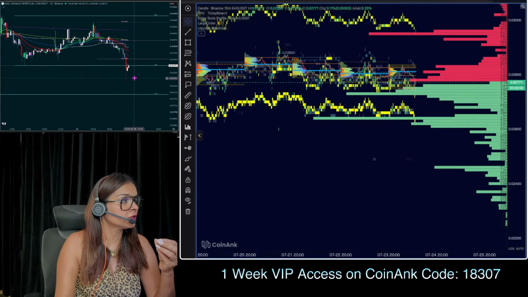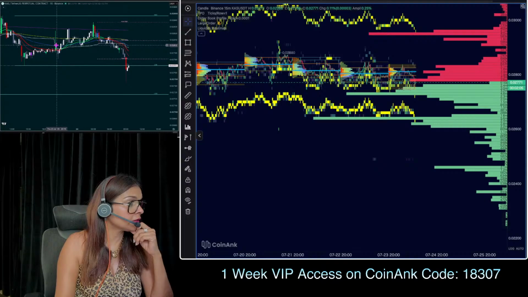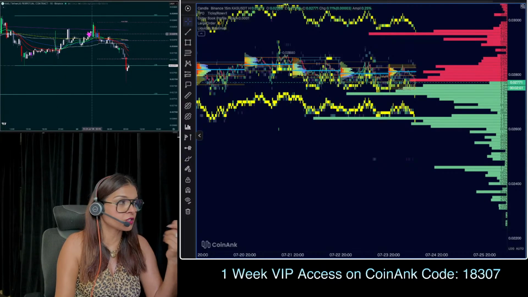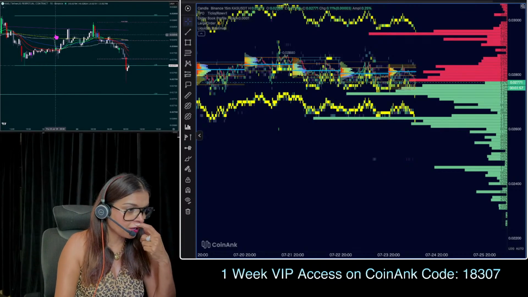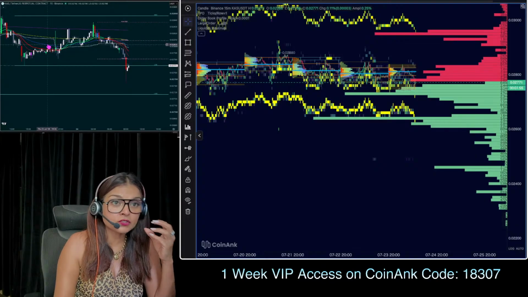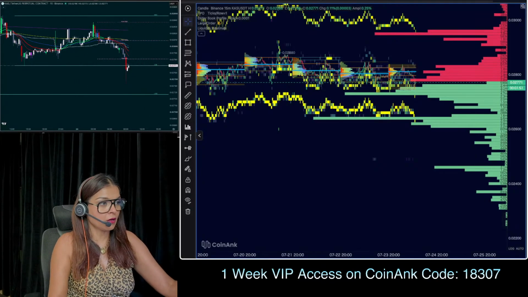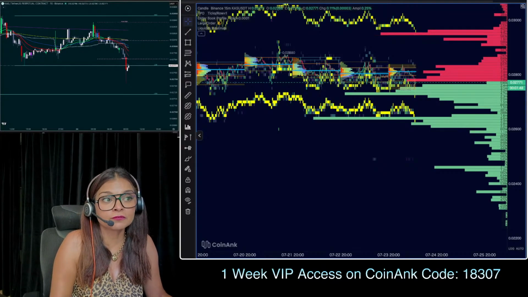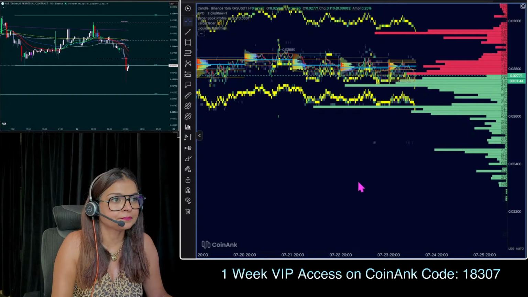Here's a great example: this is a stopping volume candle, and then we have one of these candles which takes out the stopping volume candle, and then price reverses. You can also look at market structure breaks to confirm that you have a change in trend or in structure.